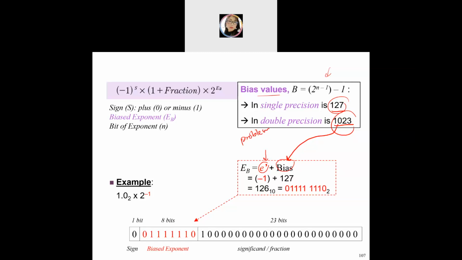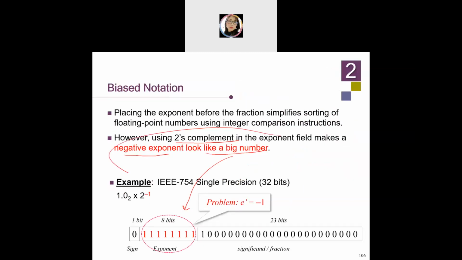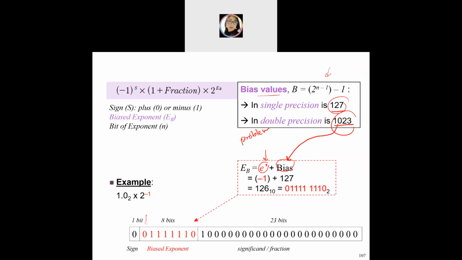That's why when we do the negative number exponent here, we always get positive, so our number will not be too big. You can read the problem. So we need a solution. That's why we need to use a bias exponent instead of just a normal exponent.